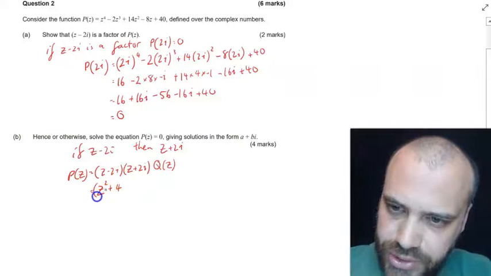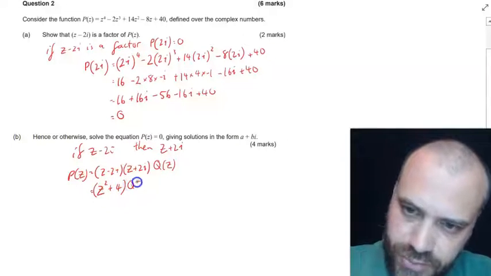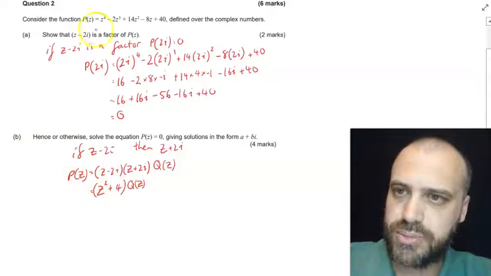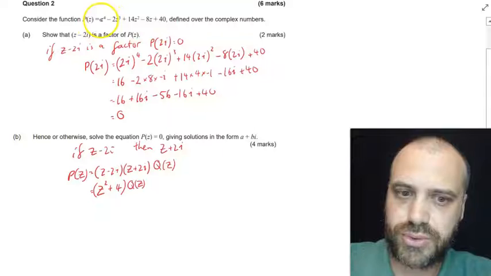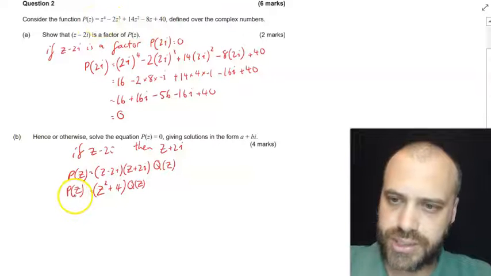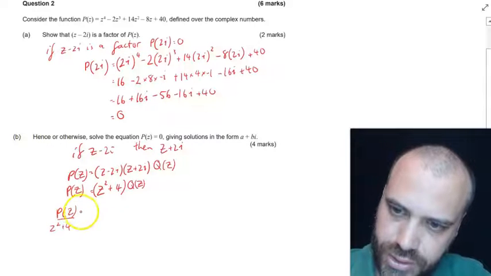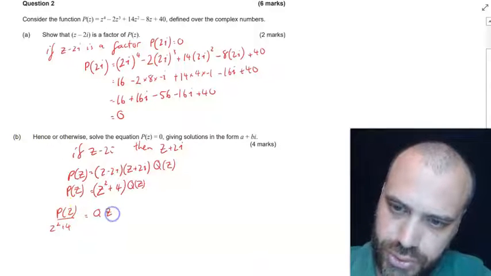So we have z squared plus 4 times some function q(z) is equal to p(z), and we know that p(z) is equal to that. Now that of course means that p(z) divided by z squared plus 4 would be equal to q(z).